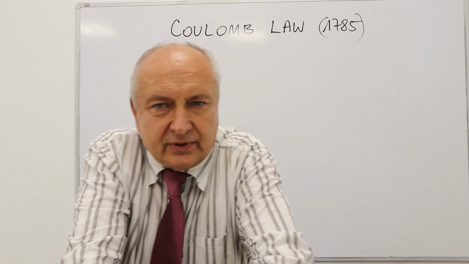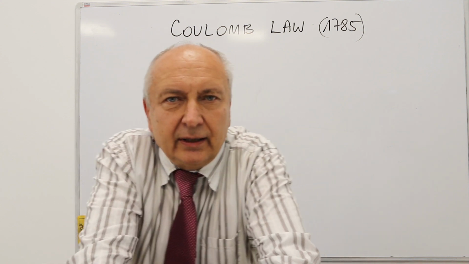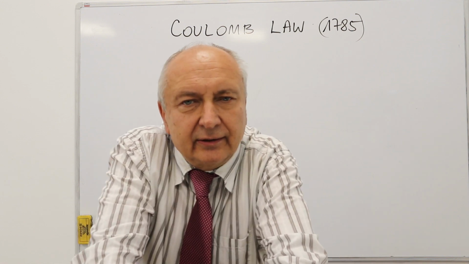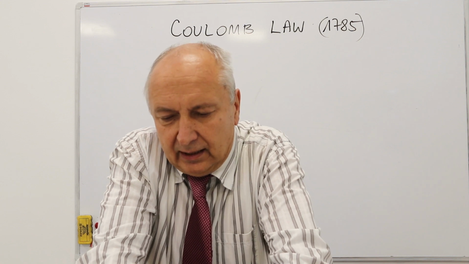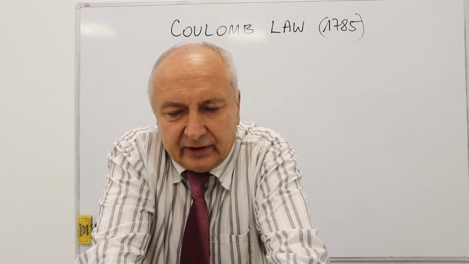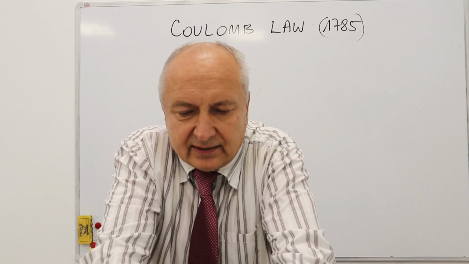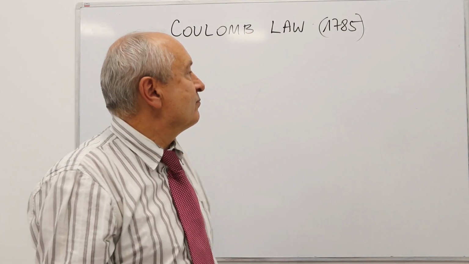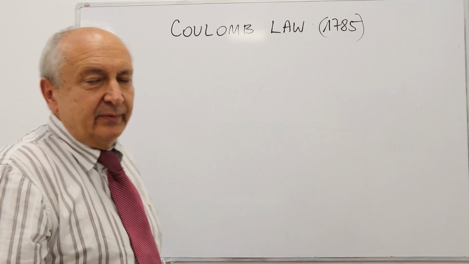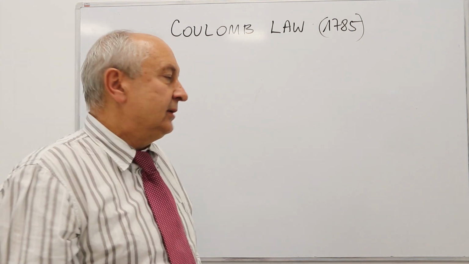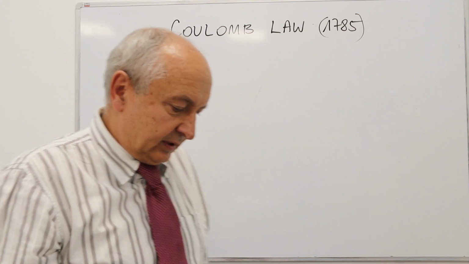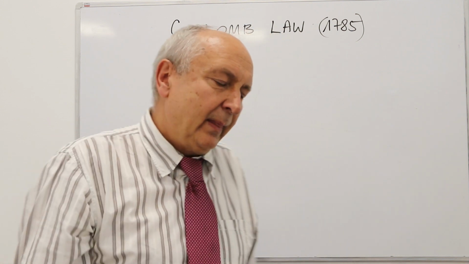Charles Coulomb was an officer of the French army, and he was more a technical than a military man, and he invented a very precise system for measuring weight, the balance. It was the differential balance.